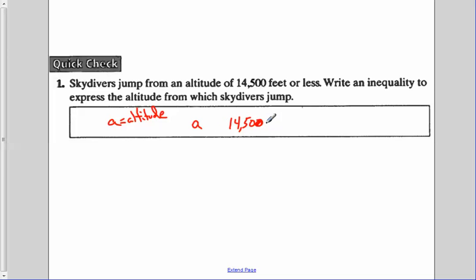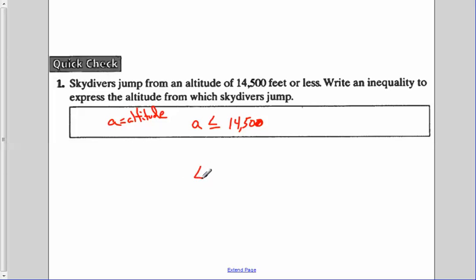So if I want to write an inequality for 14,500, they can jump from 14,500, right? If they jump from 14,500, they'd be fine. However, they can jump from anything less than 14,500 as well. So the inequality that I would want to write would be anything equal to or less than 14,500.